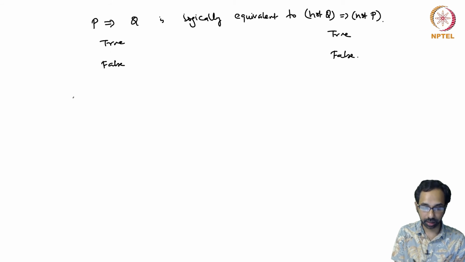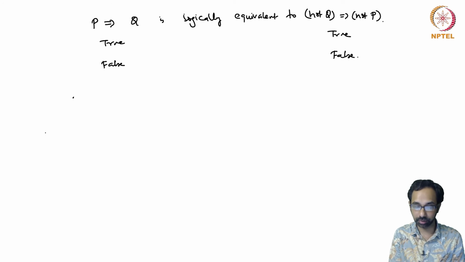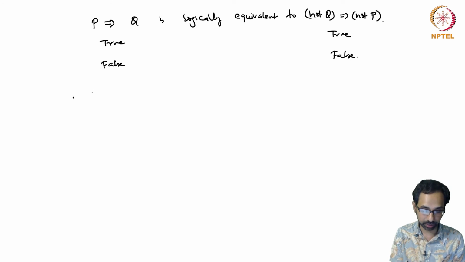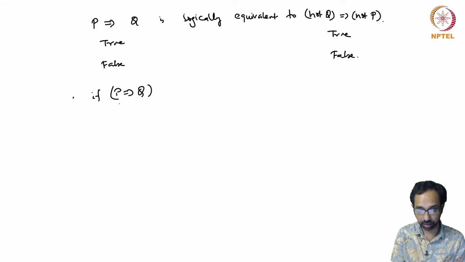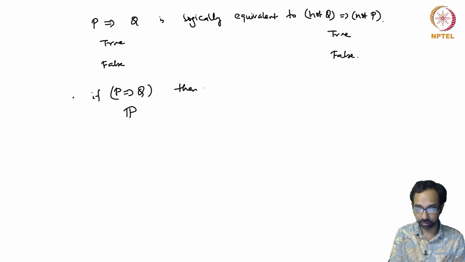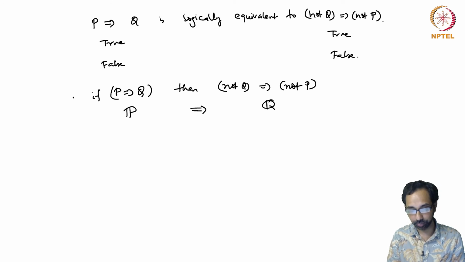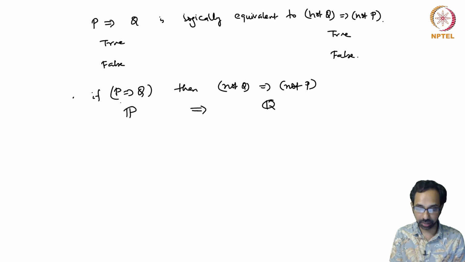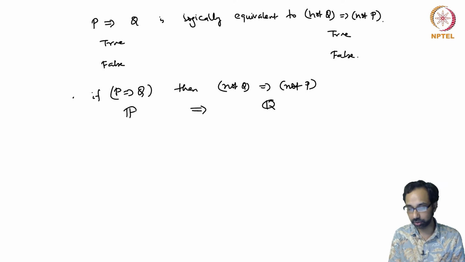So you can write it as a pair of if-then statements. If we call P implies Q a capital P, then not Q implies not P is our capital Q, and whenever P implies Q is true, then not Q implies not P is true.